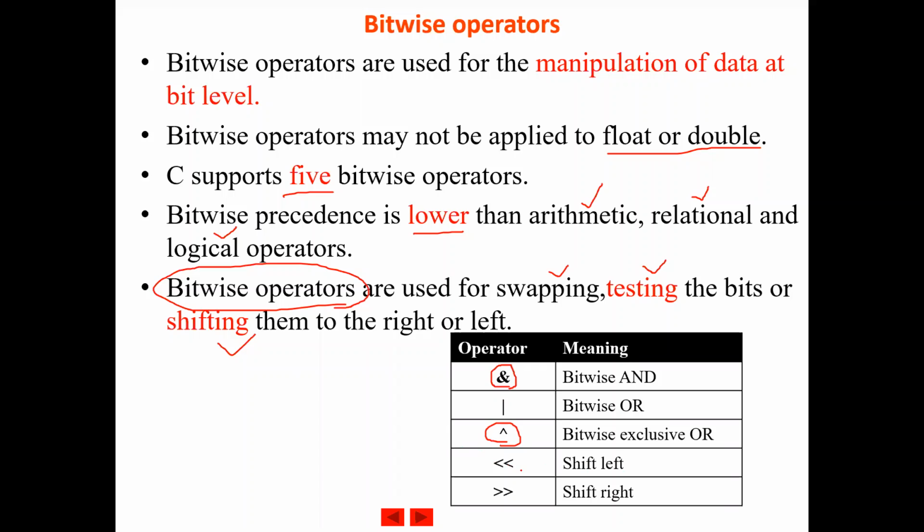Shift left is indicated by 2 less than symbols, and shift right is indicated by 2 greater than symbols together.